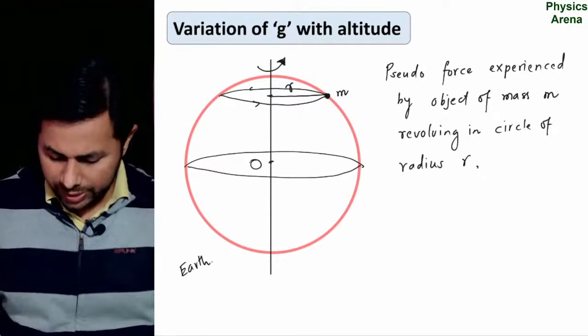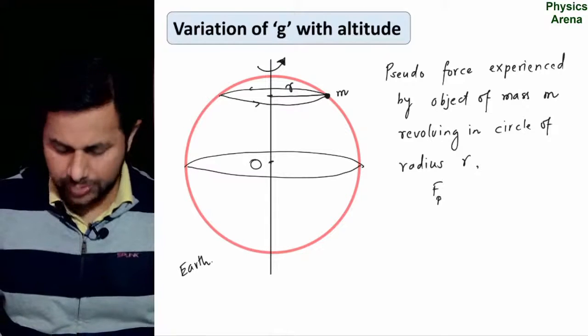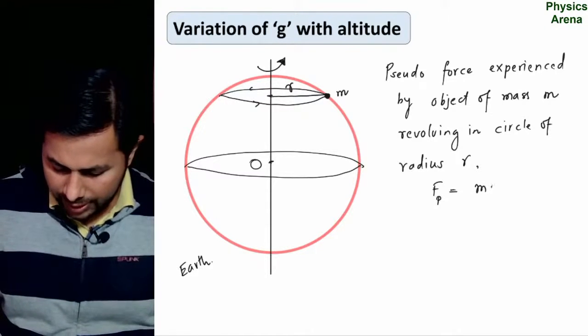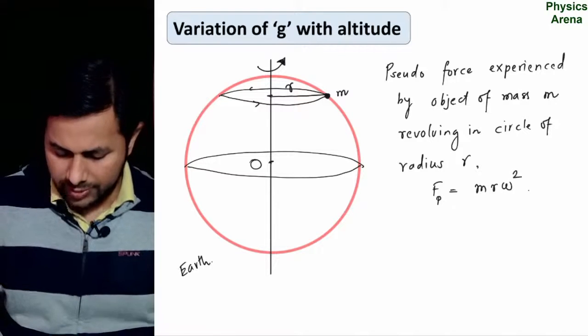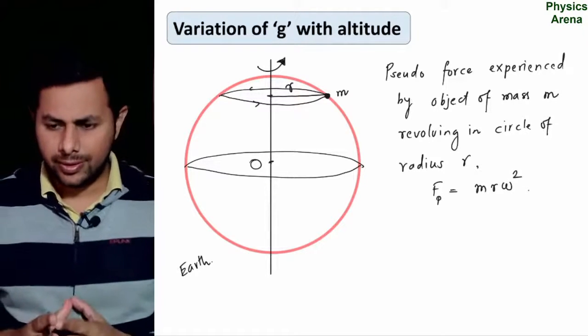So that pseudo force is given by what? Let's write it as F suffix P. It's equal to m r omega squared. Okay, and it is revolving with angular speed omega.